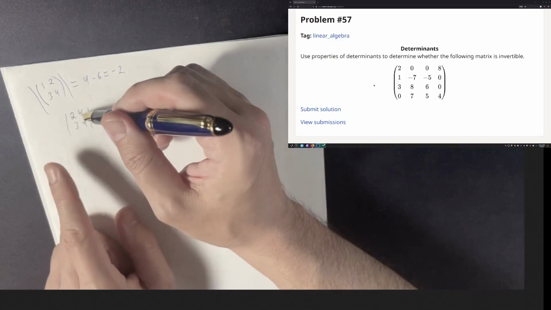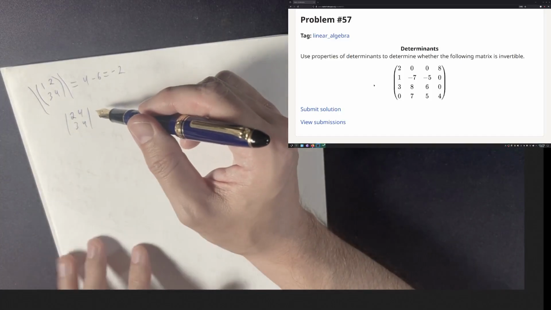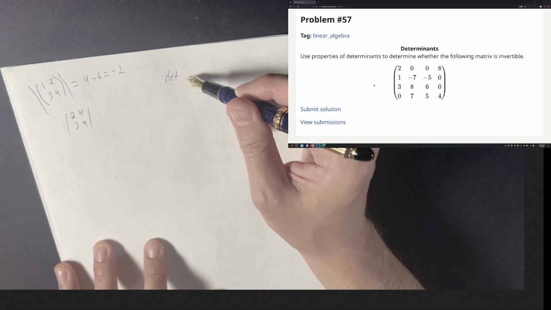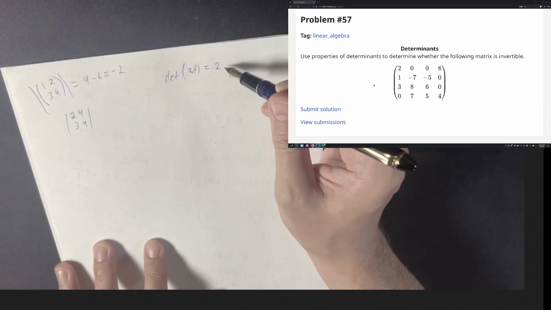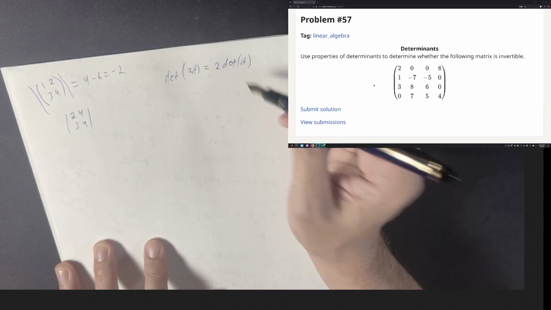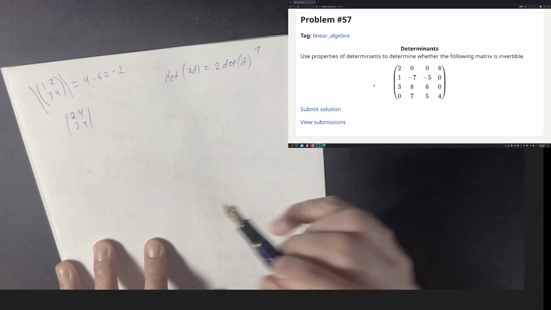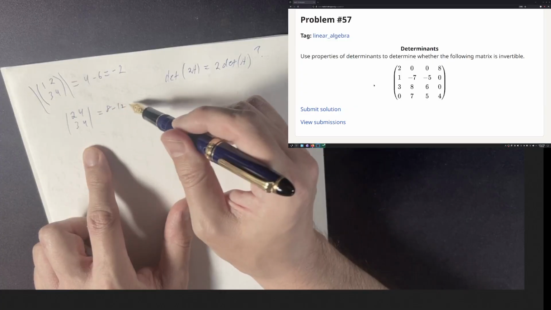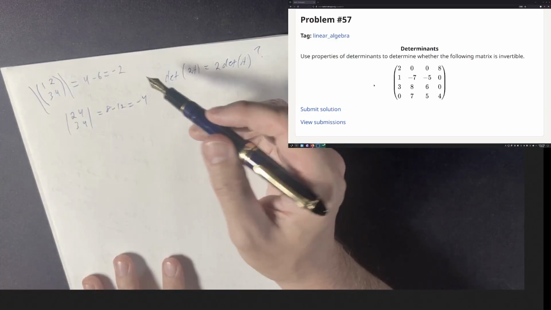If you scale one row by alpha, I would expect the determinant of the new matrix to just be alpha times the determinant of A. What do we get? 8 minus 12, which is negative 4, so it just doubled. That's true.